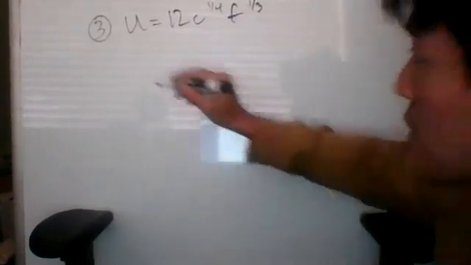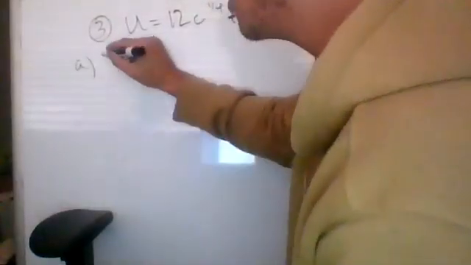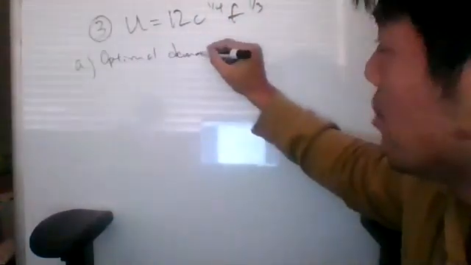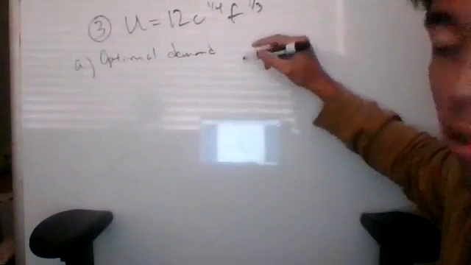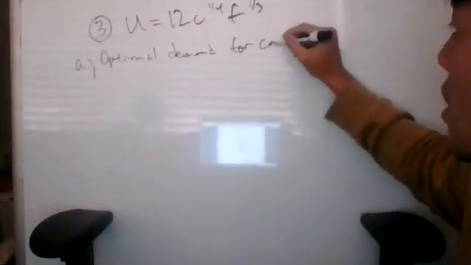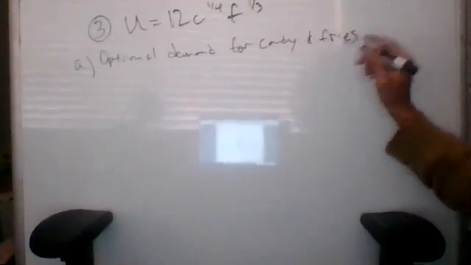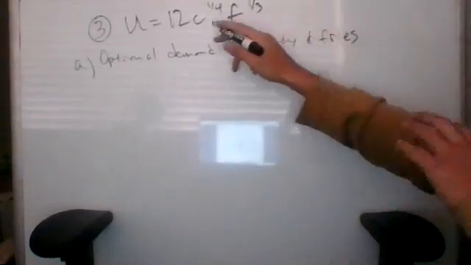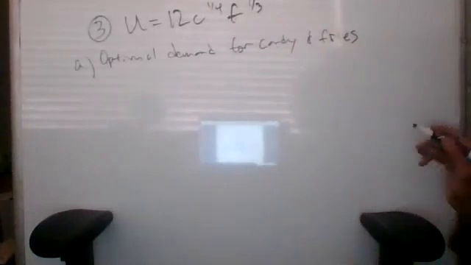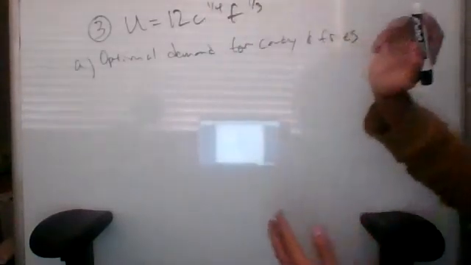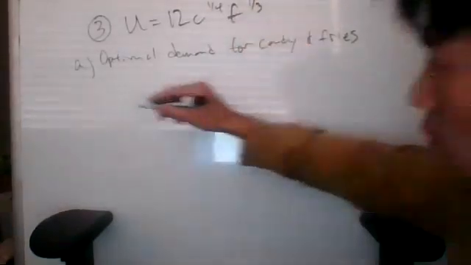And so we're given the question, what is the optimal demand for candy and fries? So there's going to be a different demand function, right? Depending on which good we're looking at. So the first thing we want to see is what kind of utility function we have. This is Cobb-Douglas. So let's take a look at our MRS.